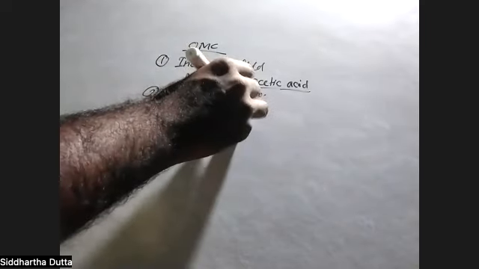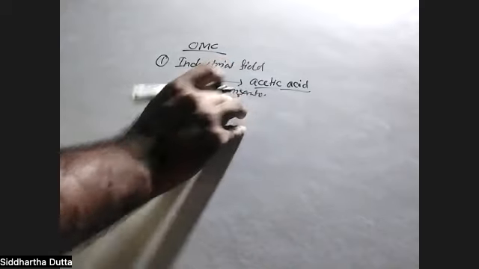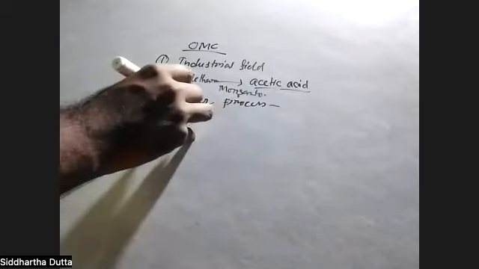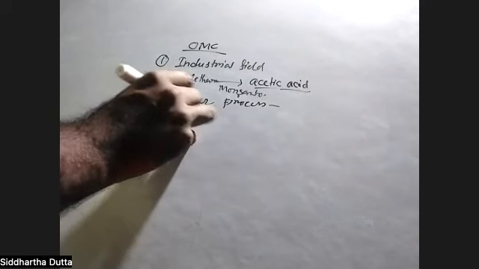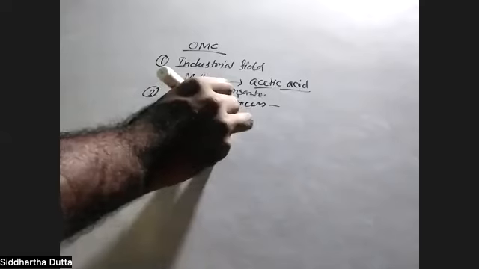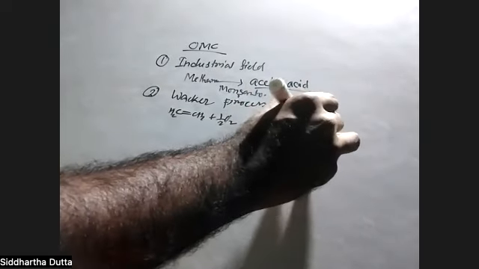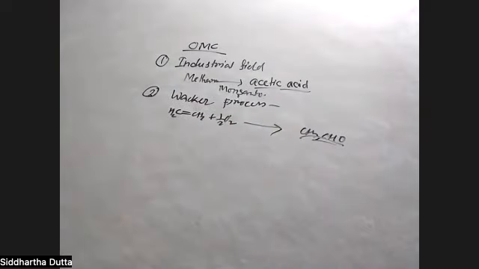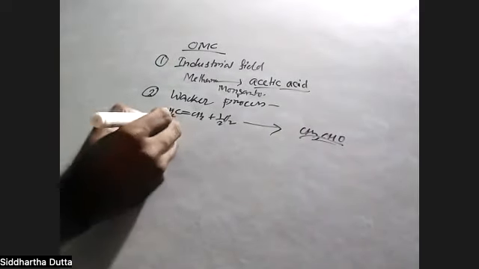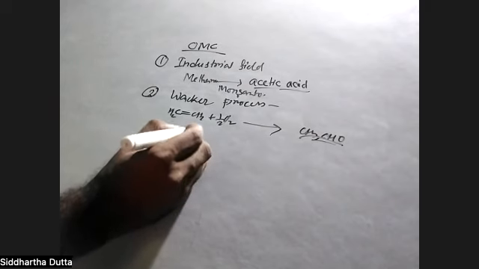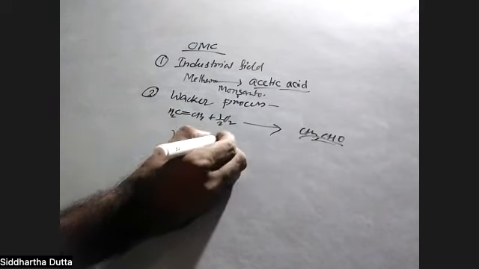Wacker process. So CH2=CH2 plus half O2 gives CH3CHO. Alongside this, vinyl acetate can be formed.